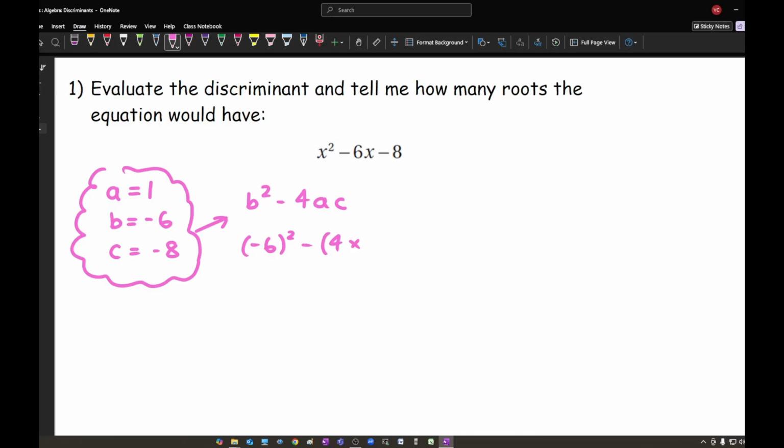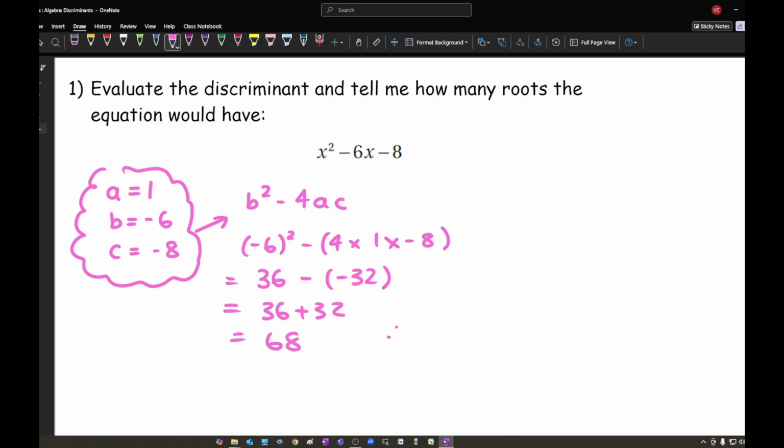So here we've got 4 times 1 times minus 8. Then I simplify: minus 6 squared is 36, minus 4 times 1 times minus 8, which is negative 32, leaving me with 36 plus 32, which equals 68.